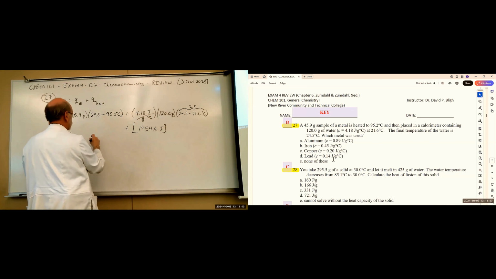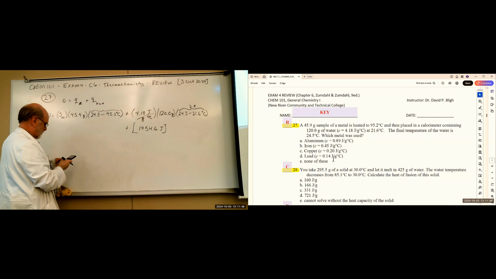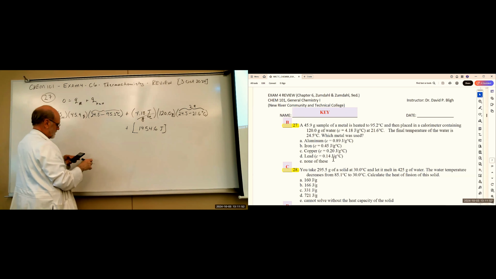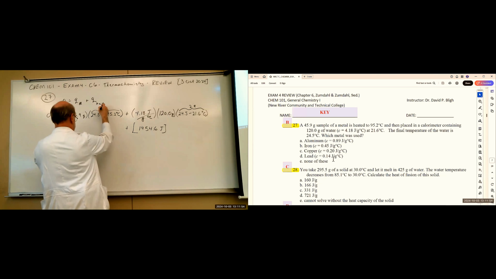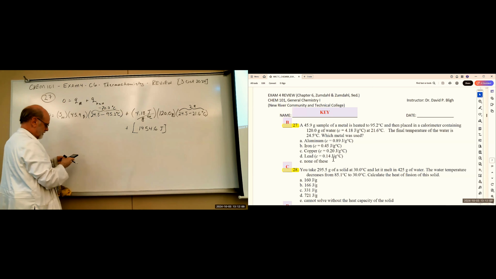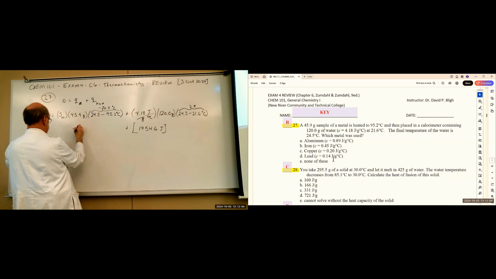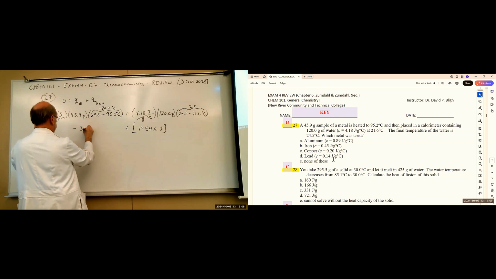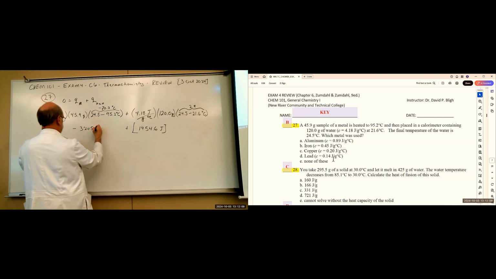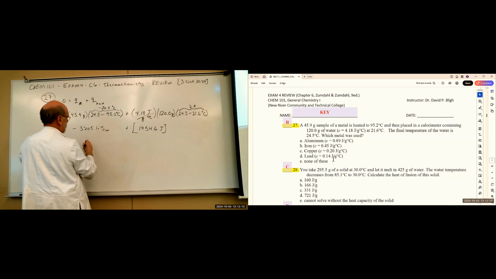Okay. On this side, we have 24.5 minus 95.2, which is minus 70.7 times 45.9. And that's minus 3245.1 times the specific heat.